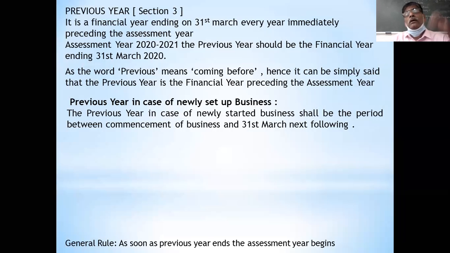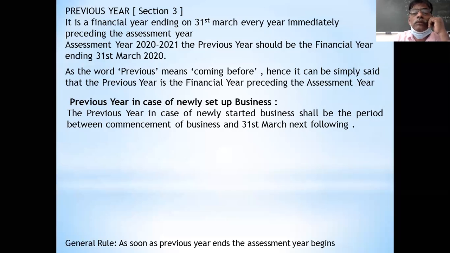On any date you start the business, on 1st April or after the 1st April, your year must end on the next coming 31st March. That is called the previous year.